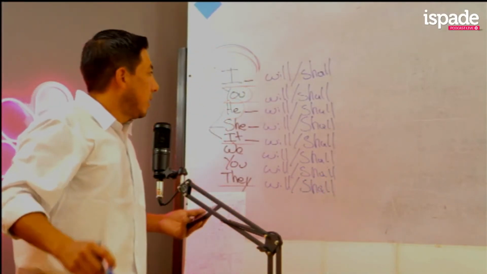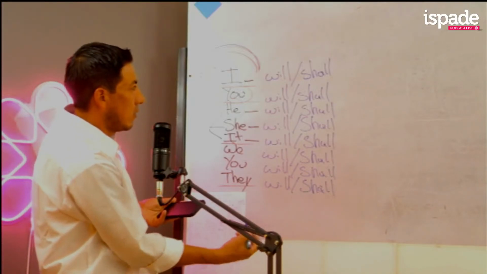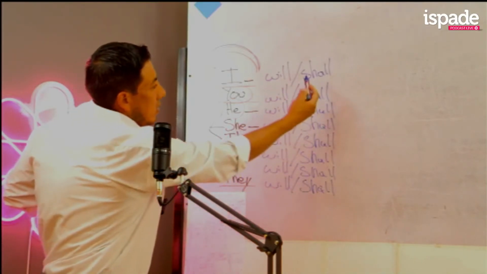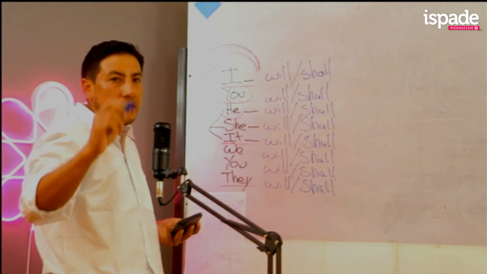You see, it doesn't change here. Everybody is the same with the personal pronoun. Will, shall. Remember, this is the future tense.